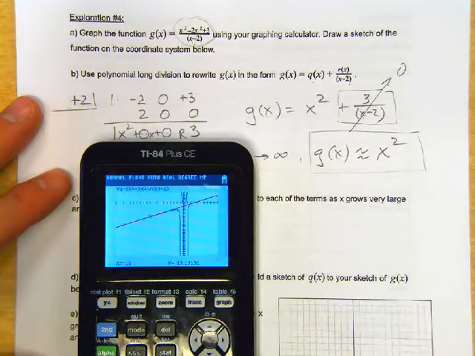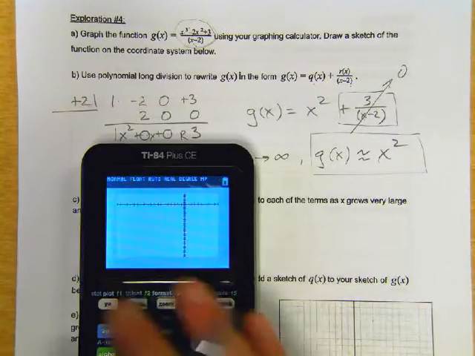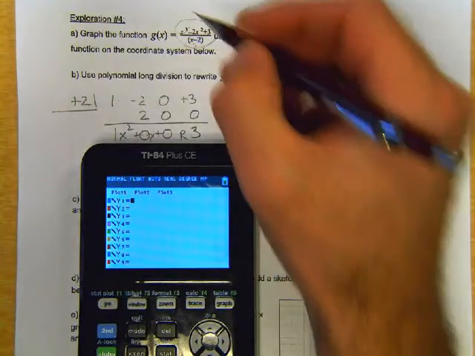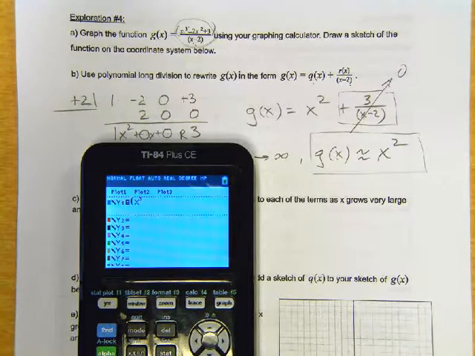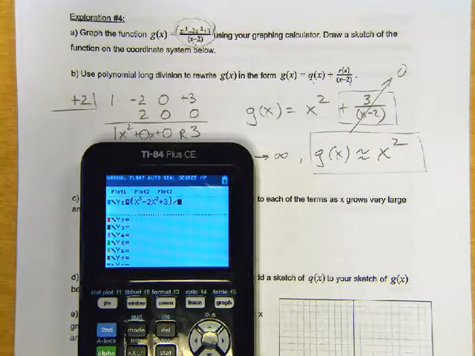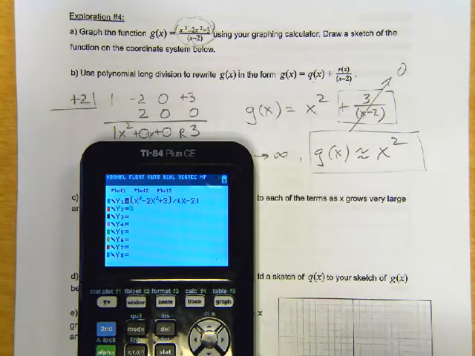So y equals, I'm going to clear my equations, whoops, and we need to put parentheses around the numerator. So x to the 3rd minus 2x squared plus 3 divided by parentheses x minus 2. And then we think our asymptote is going to be x squared.